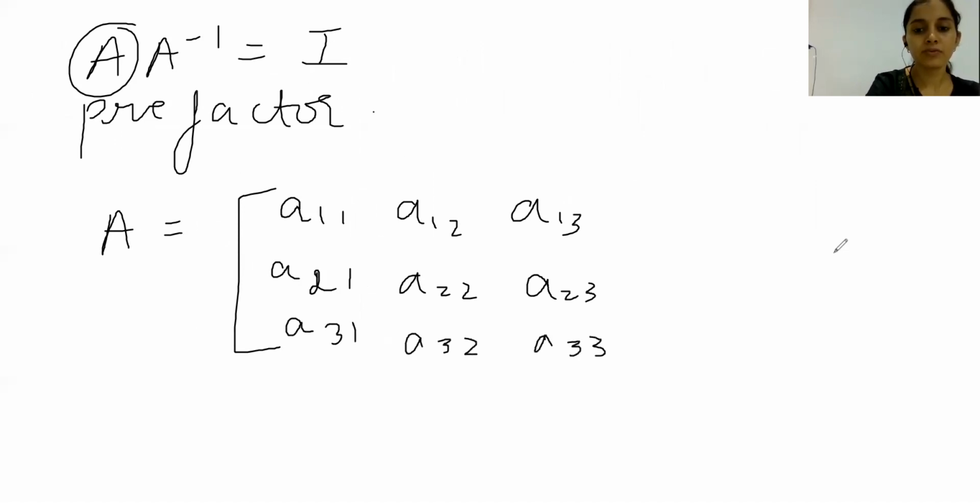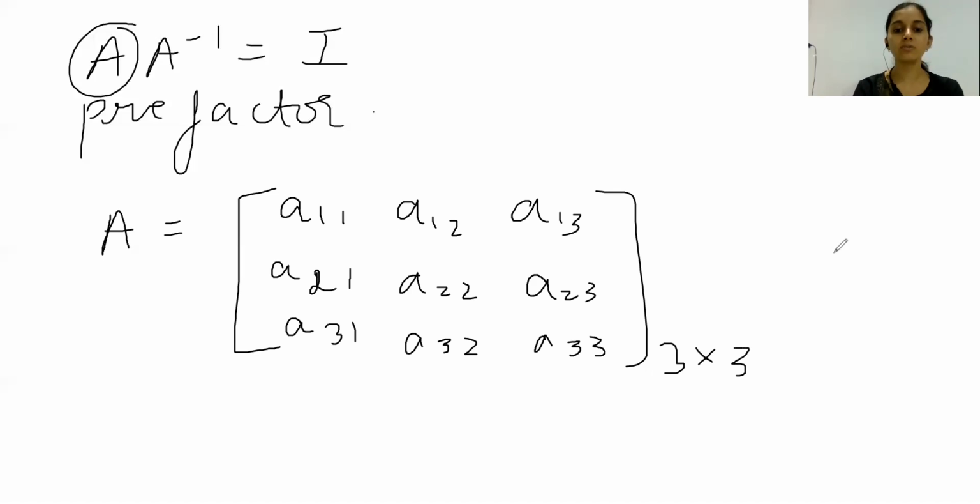Each element is denoted as A11, A12, A13, where the first index is the row and the second is the column. Then A21, A22, A23, A31, A32, and A33. These are the elements of the matrix A.